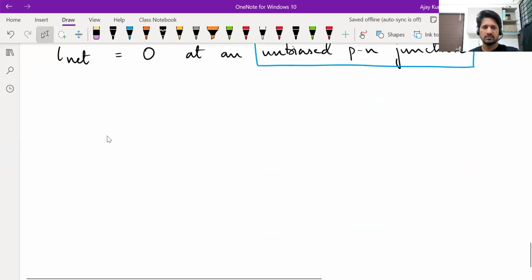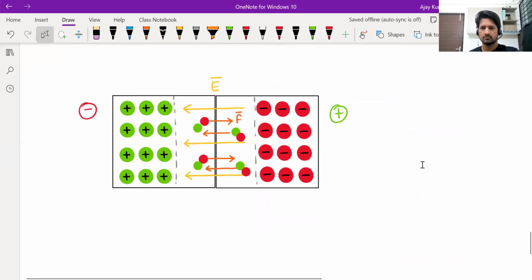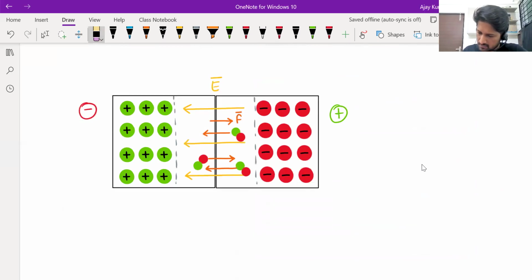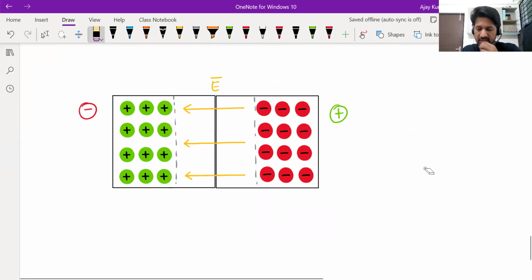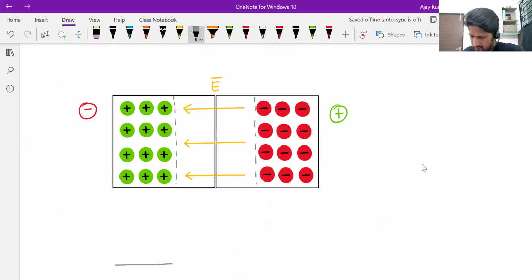You can visualize it like this. Drift is happening, diffusion is happening, but there is a potential difference. Now the P side is at lower potential. Now in the depletion region, there exists an electric field.